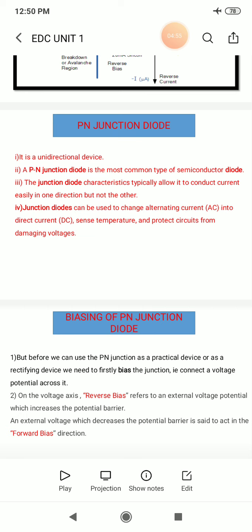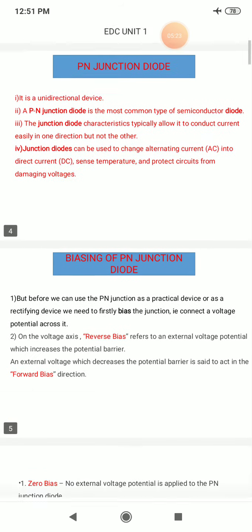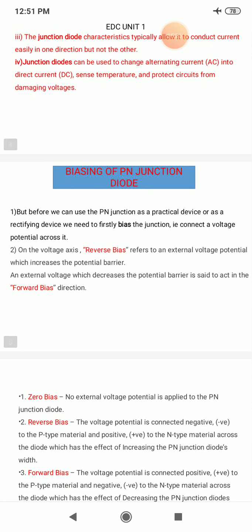PN junction diodes can be used to change alternating current into direct current, so sometimes they are used as a rectifier, converting AC into DC. Sometimes they are also used as protection devices, to sense temperature and protect circuits from damaging voltages.